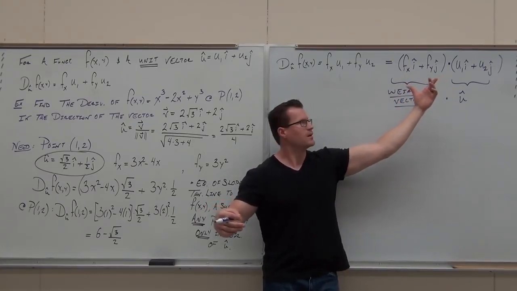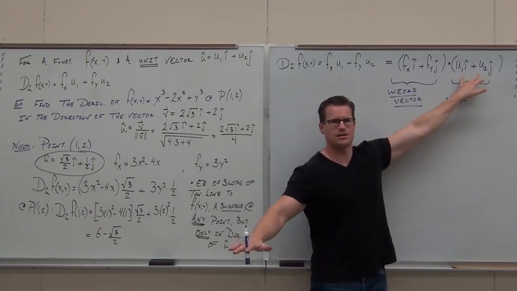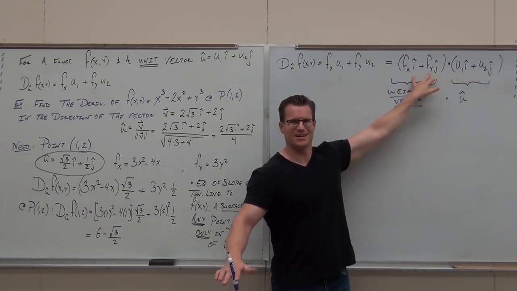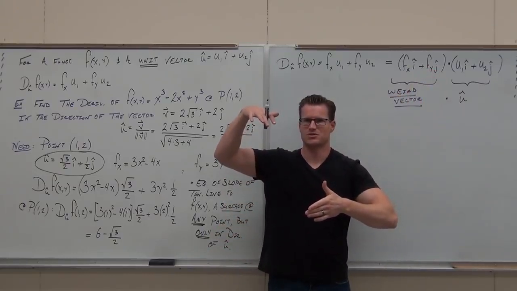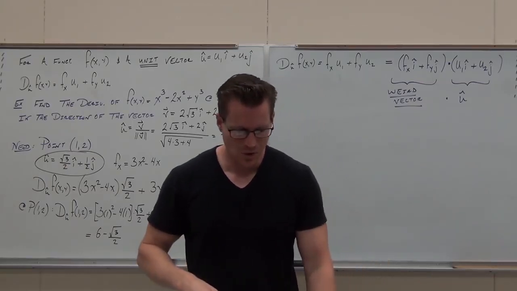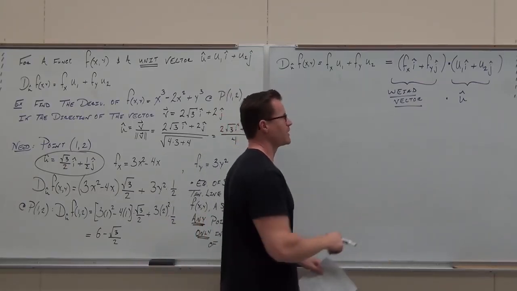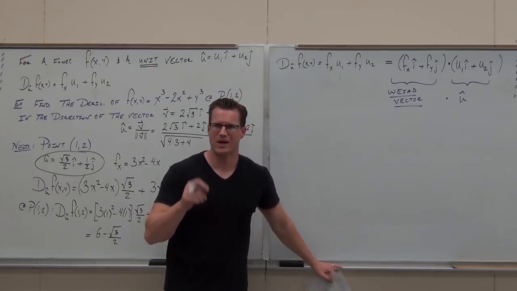Okay, cool. Is this vector in 2 dimensions? Yes. Giving you a derivative that's the slope of the tangent line in 3 dimensions. That's really interesting. But this is some weird vector. Here's the deal. What we do with this weird vector, we call it a certain name. We call this weird vector the gradient.